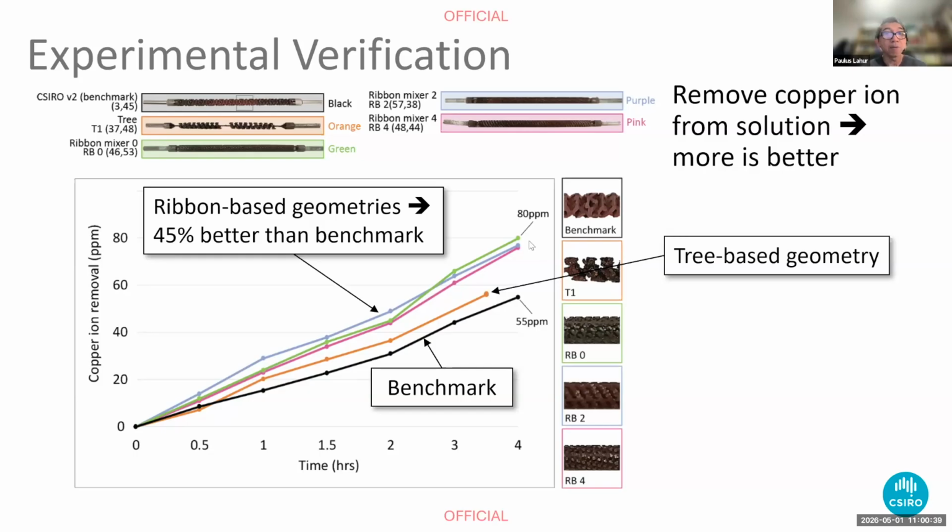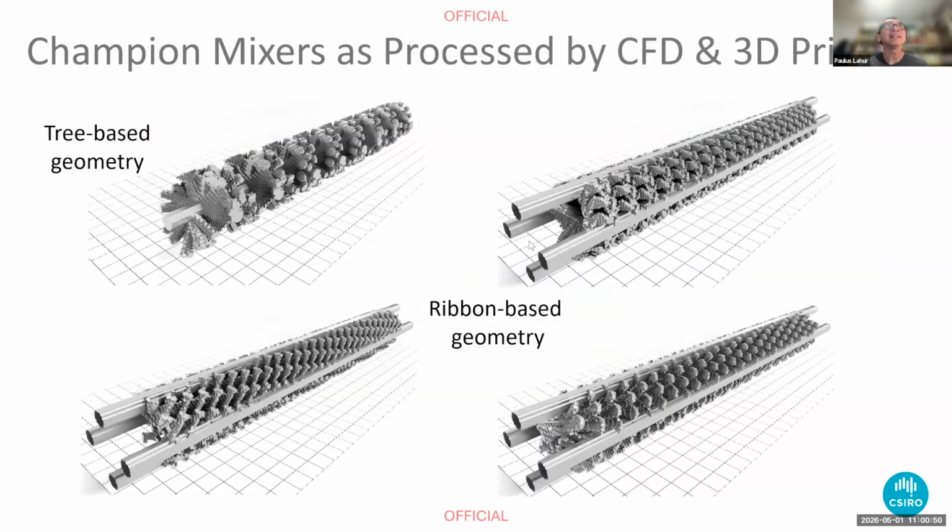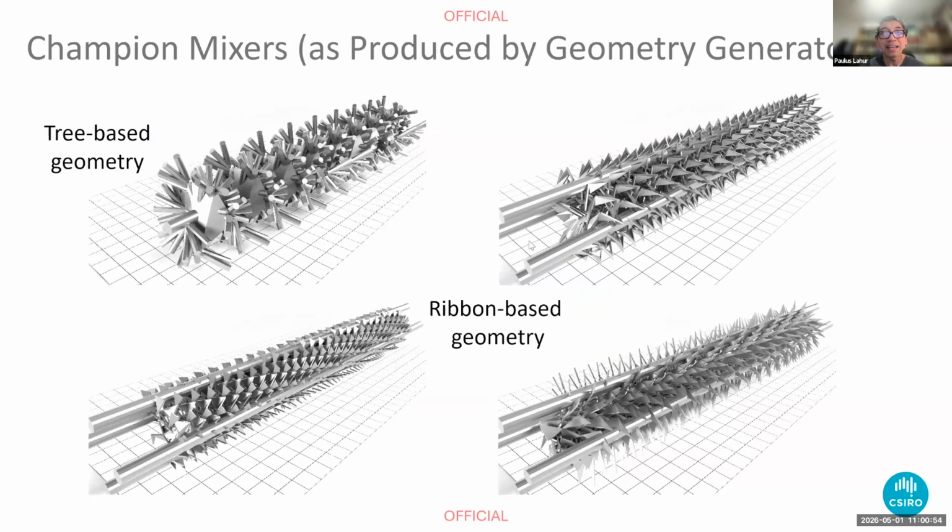We ourselves were pretty astonished by the result because we didn't think it was going to perform that well. And as you can see by the shape of the mixers, there is no way we could come up with this kind of shape ourselves.